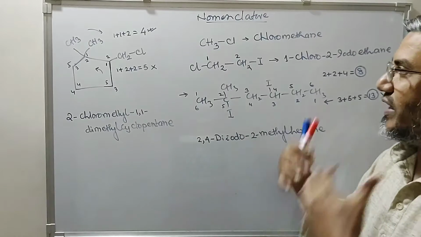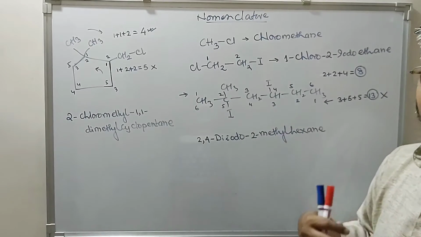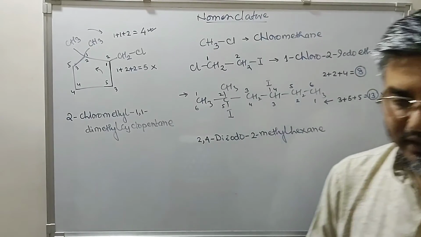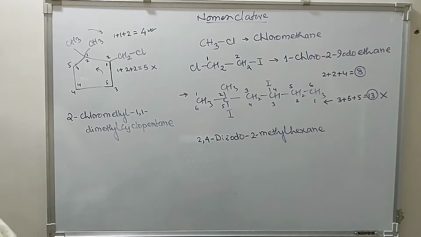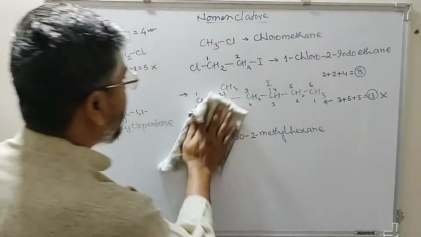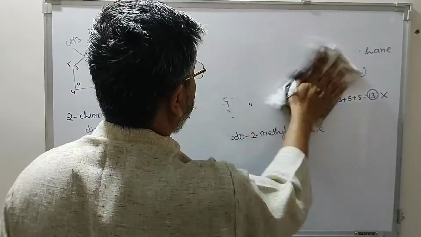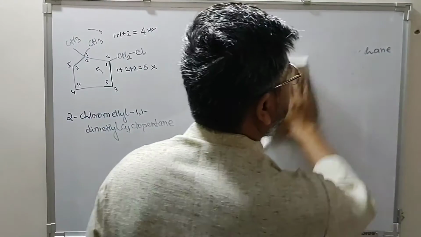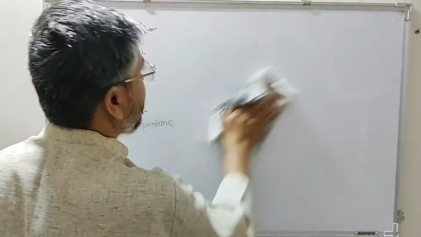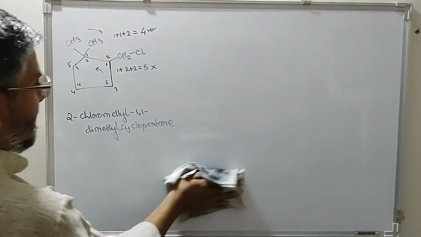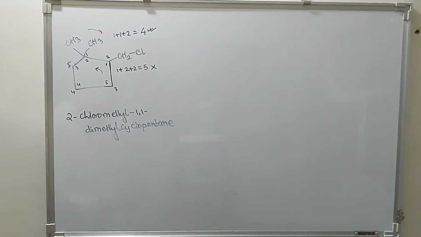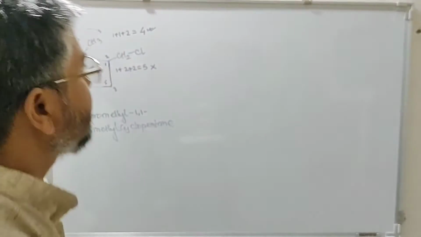So this is a brief idea about the naming of halogen substituted alkanes. After this, we will come to the general methods of preparation of monohalogen substituted, dihalogen substituted or polyhalogen substituted alkanes. So coming to the general methods of preparation.